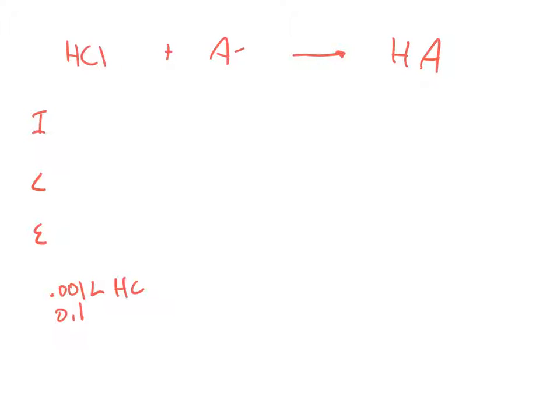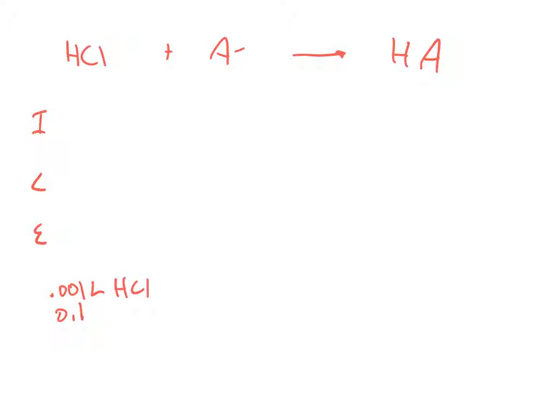So we had HCl being added to A minus, going to make HA. The equation, and then still initial, change, and equilibrium. What was given here is that there was 1 milliliter, which, if you don't mind, I'm going to convert everything to liters. 1 milliliter is the same thing as 0.001 liters of HCl, and the concentration of the HCl was 0.1 molar.